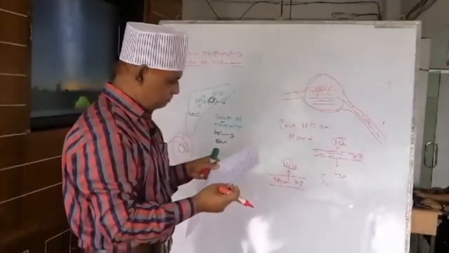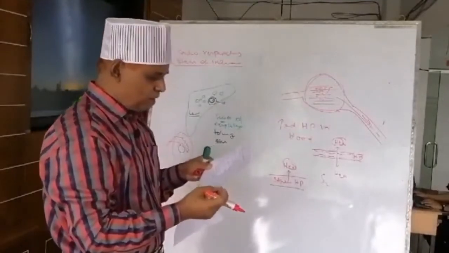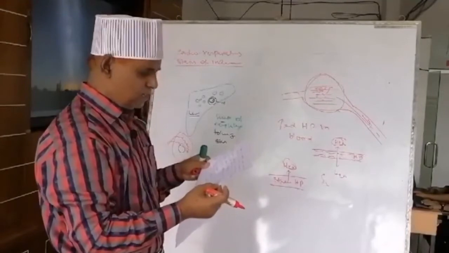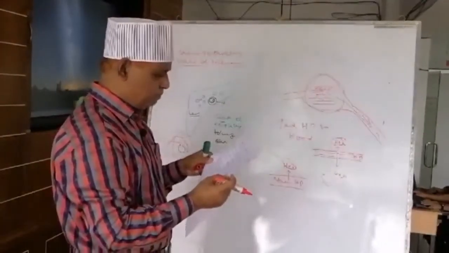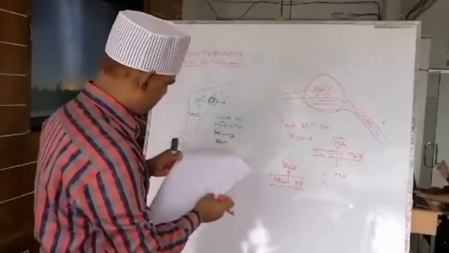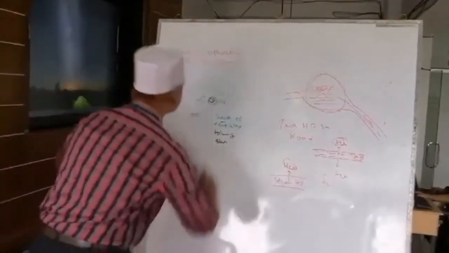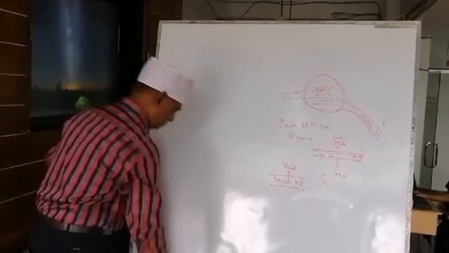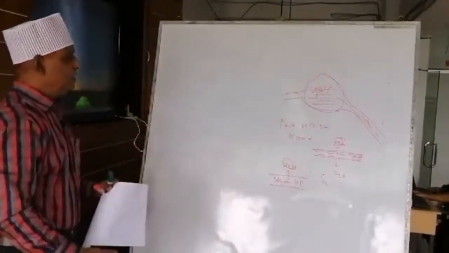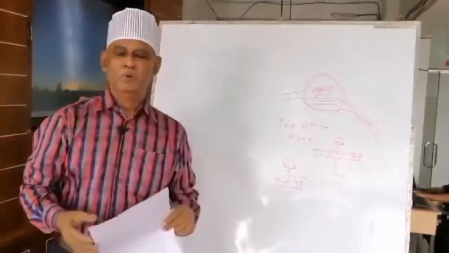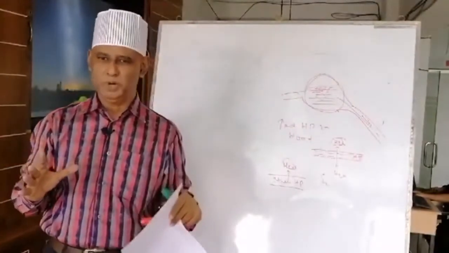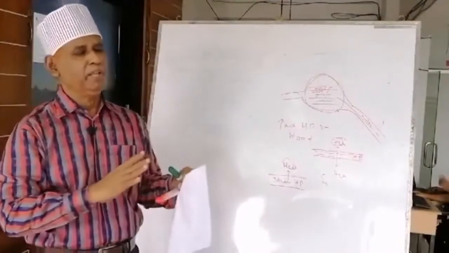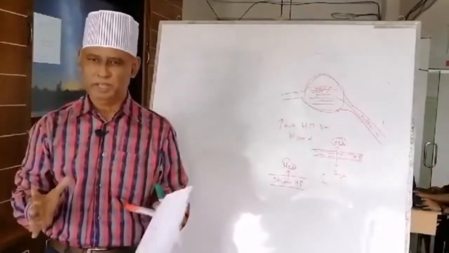Fourth question: pale infarct occurs in the heart, but why not red infarct? The heart is supplied by end arteries. Dear audience, you know we have some end arteries in our body, and there is no collateral circulation in many tissues.